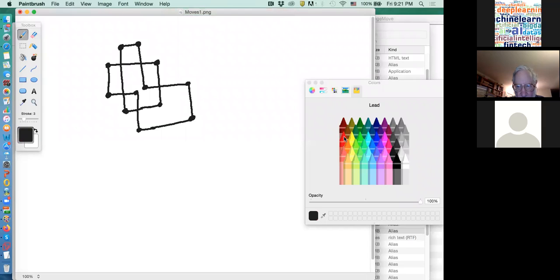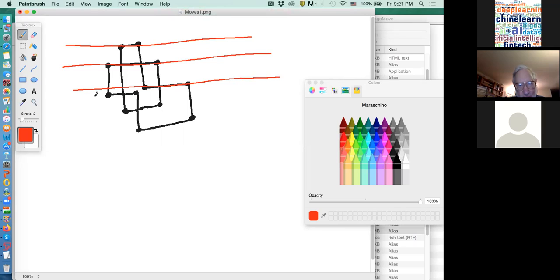And now I want to draw some vertical and horizontal lines, and I'll make them a little bit slimmer. For every horizontal arc, I'm going to draw a horizontal line. Too close, but it's all right. And for every vertical arc, I'm going to draw a vertical line.